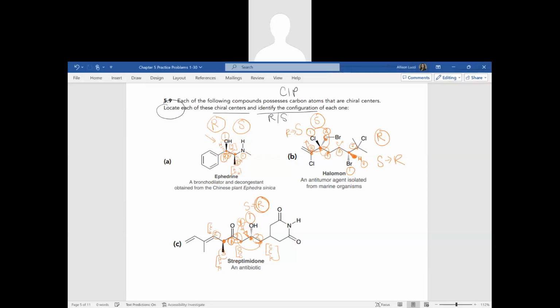This will be number 3. This time, my lowest priority again would be my hydrogen, so that's on a dash already. So once I determine my configuration, it's going in the counterclockwise direction, I would retain it as an S. So for my last compound, going from left to right, the 2 chiral centers are S and R.